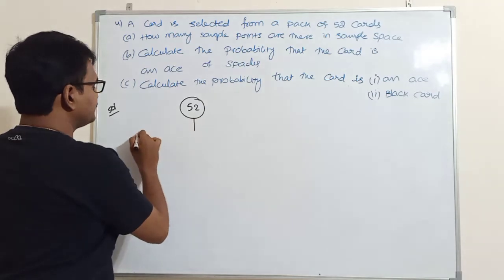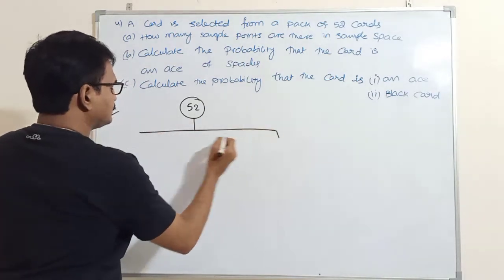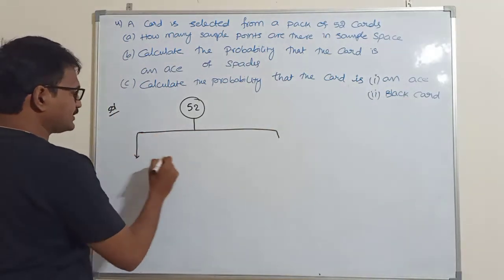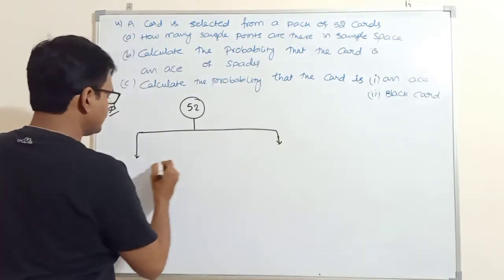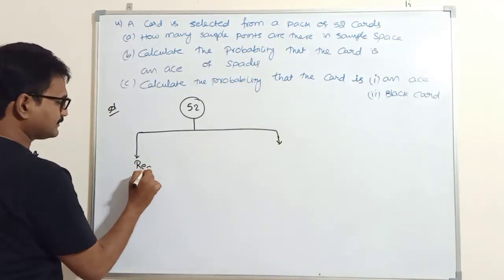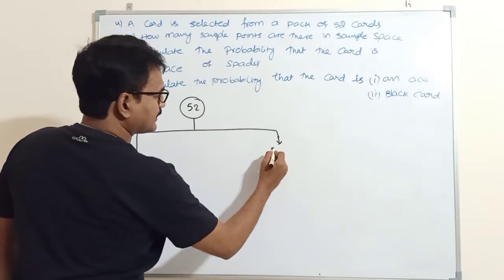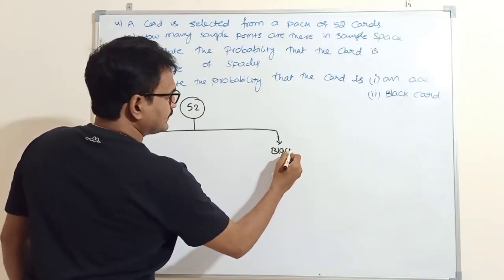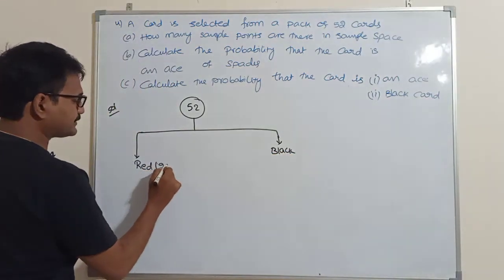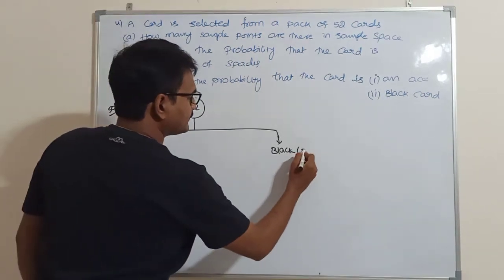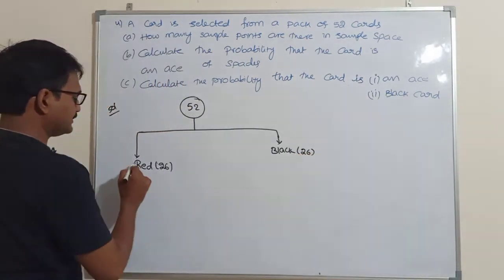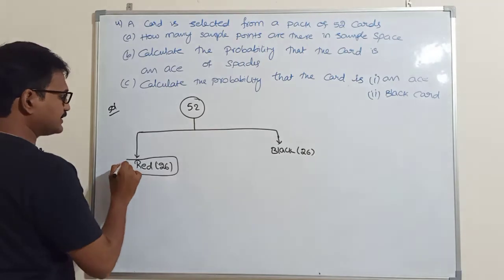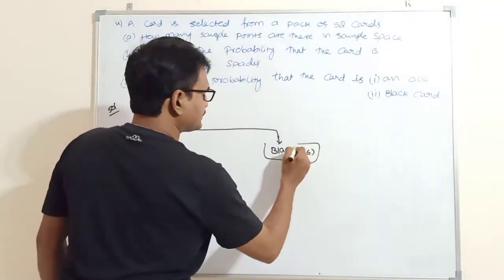Out of 52, there are two colors in the pack of cards. One is red, second one is black. Red 26 cards and black 26 cards. In a pack of cards, 26 red cards and 26 black cards are there.